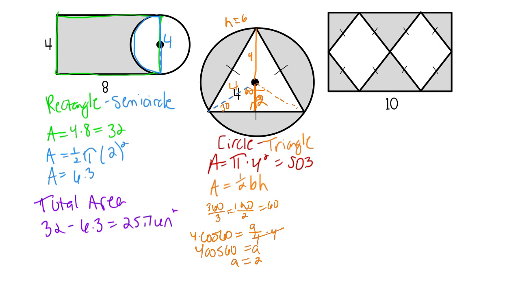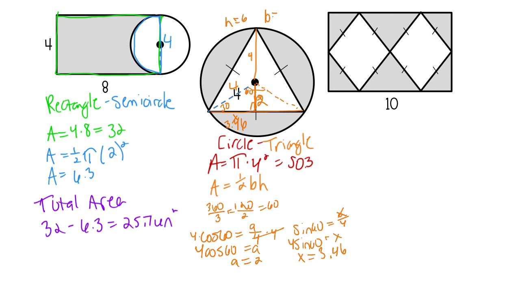Now I need to know the base. So I'm going to use the sine. The sine of 60 is, we're going to call this length x, x over 4. So 4 times the sine of 60 is x. That means x is 3.46. That length is 3.46. That means our total base, we multiply that number times 2.